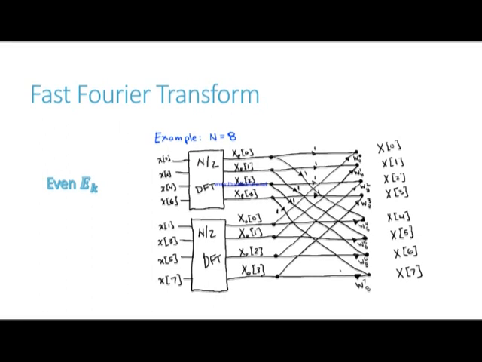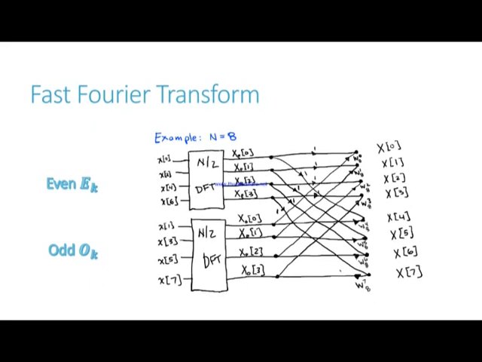And then we take the N over 2 points of the DFT to get the output as X_e0, and so on. Now we have the odd index terms of the input signal. We take the N over 2 points of the DFT to get the output as X_o0, X_o1, and so on. We have to combine all these values to get the DFT of the whole sequence.